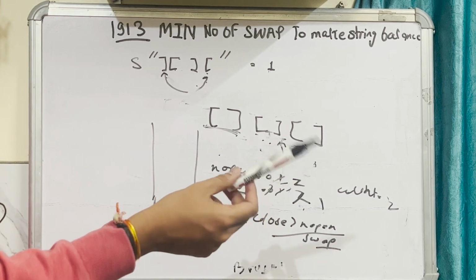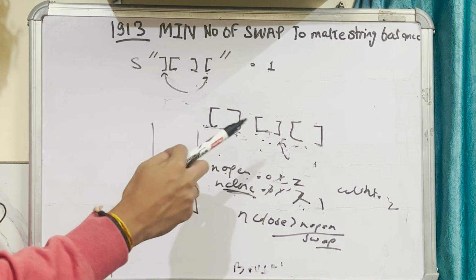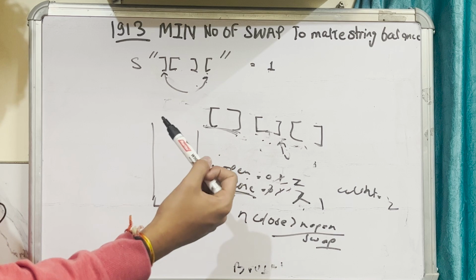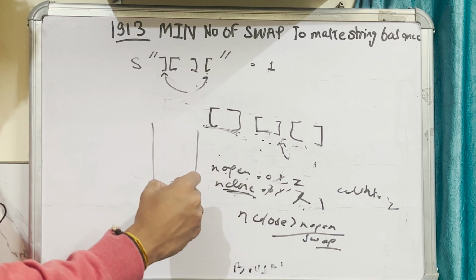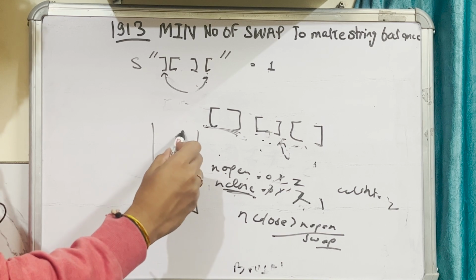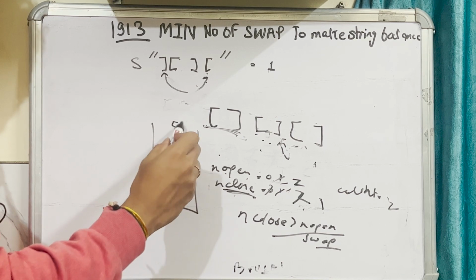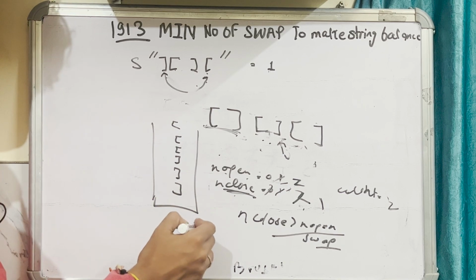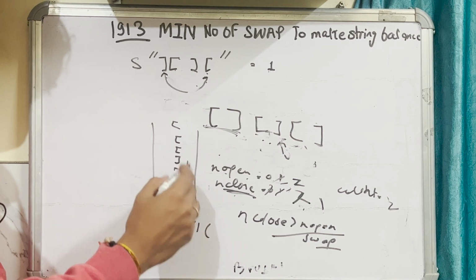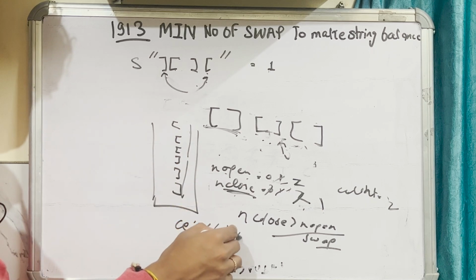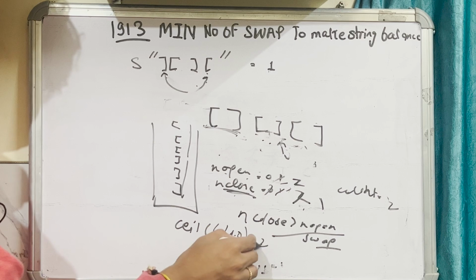But I didn't like it because it was not very intuitive, as you have to just keep pushing, then for this the answer will be ceil of size of stack, which is 6 by 4.0, so it will return 2, which is the answer.